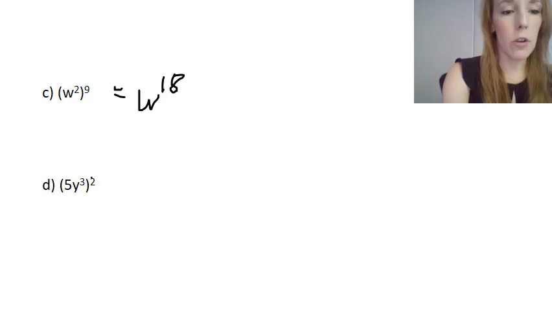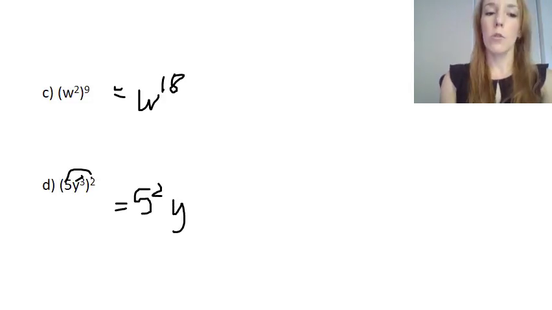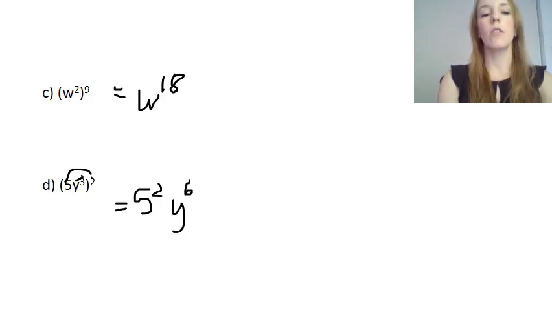Remember that 2 goes to everything inside the brackets. So that becomes 5 squared multiplied by y, and y is already raised to the power of 3, so we have to multiply our indices. So 3 times 2 will give us 6.